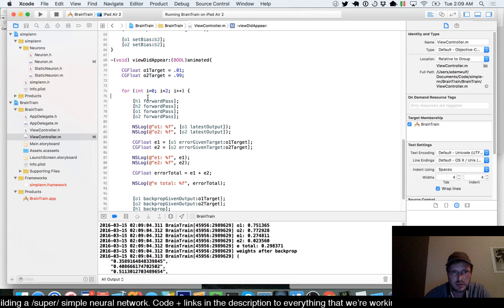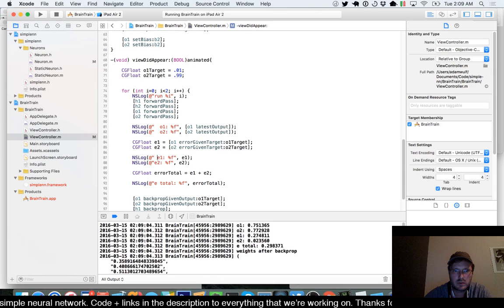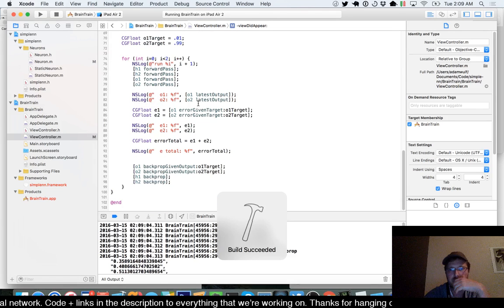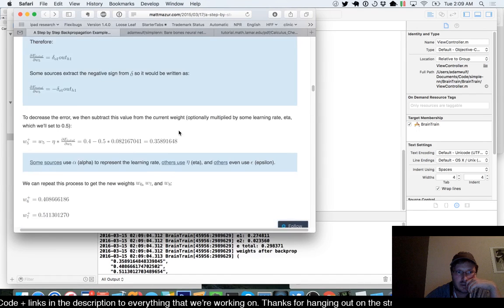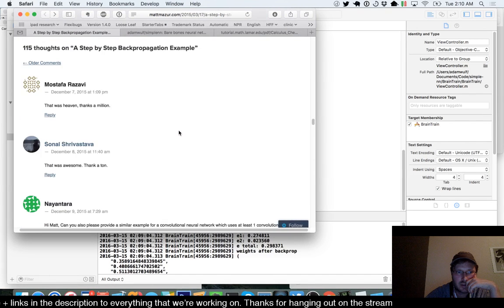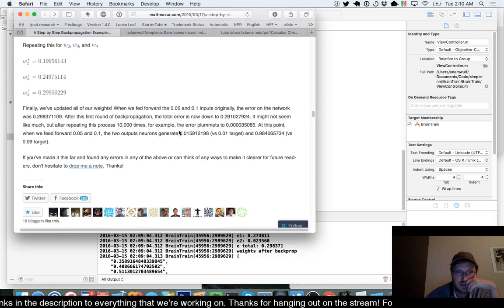So this is our run 1. So run 1 and run 2. So we should see when he runs it the second time, I want to make sure we get the same numbers he does.